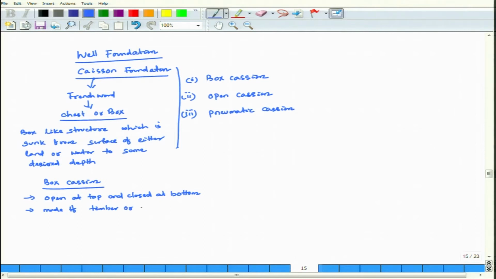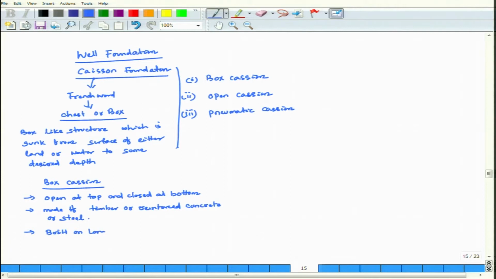So, it is built on land, look at the difference.